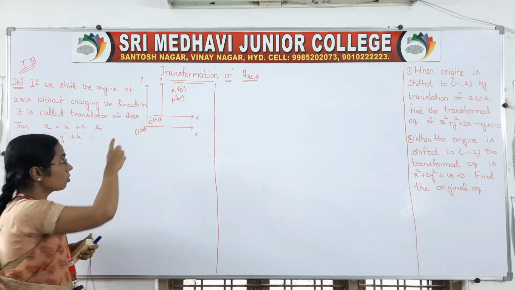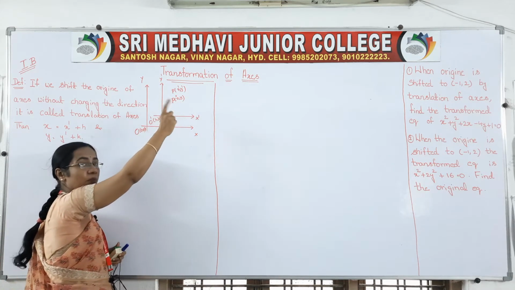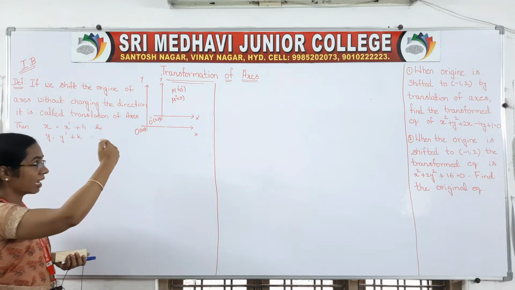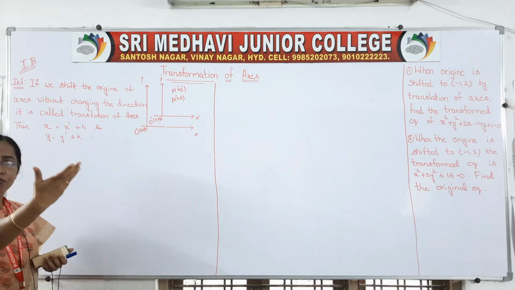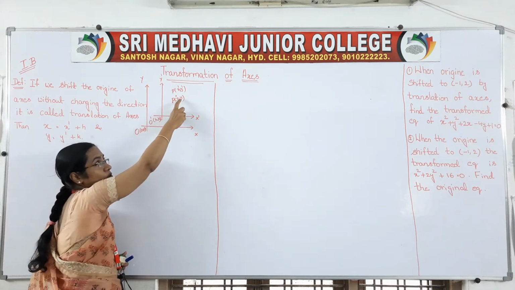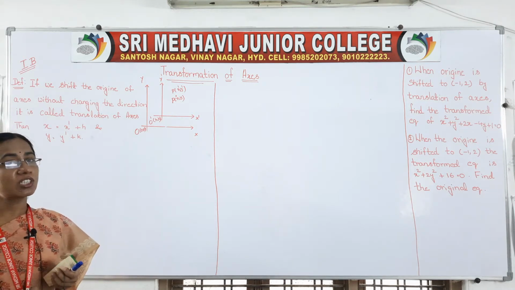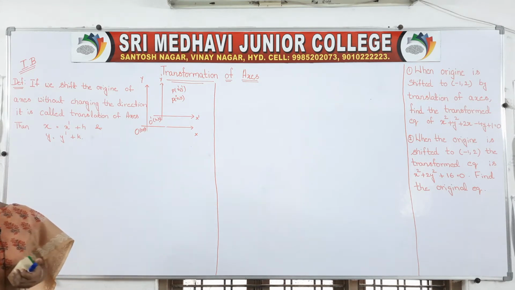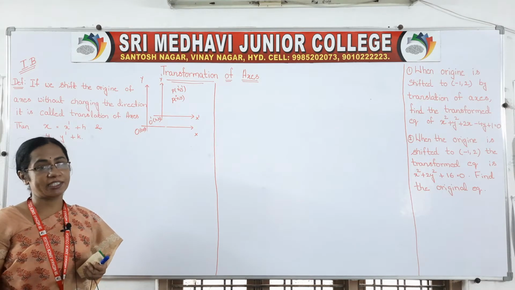See, this is the coordinate axis. If we take one point P(x, y) and we change the axis, definitely there will be changes in the coordinates of the point (x, y). If the point changes, automatically the equation of the locus of the point also changes.